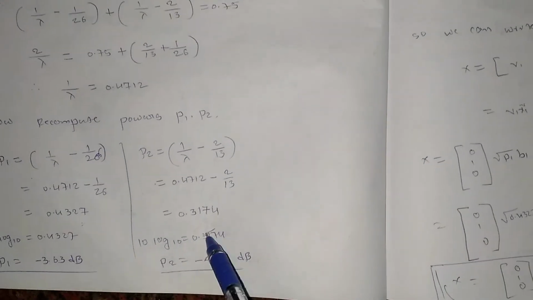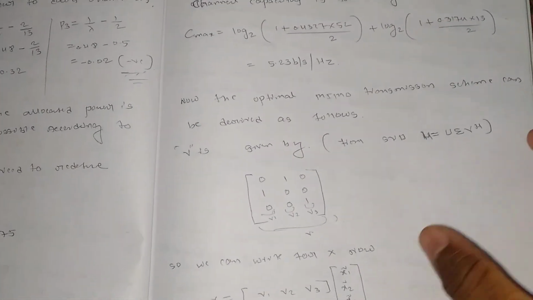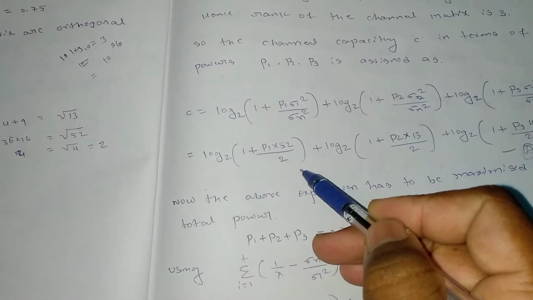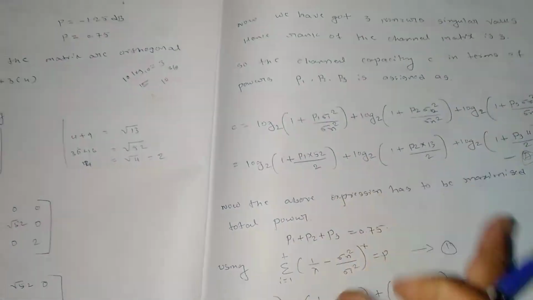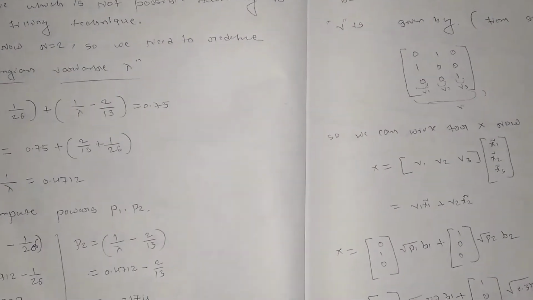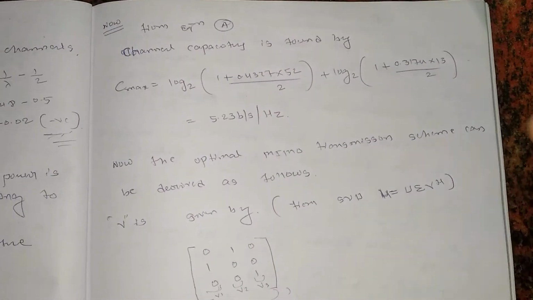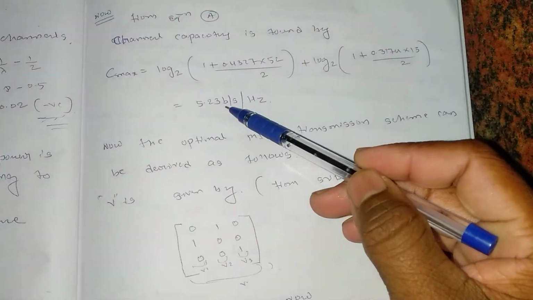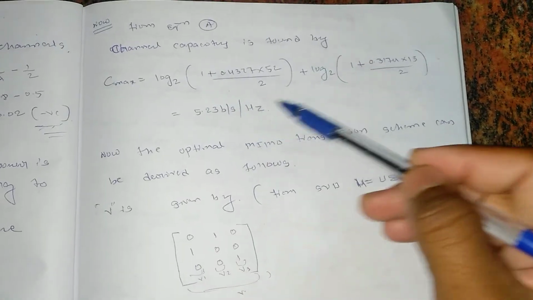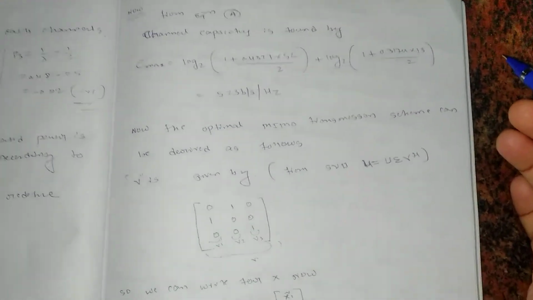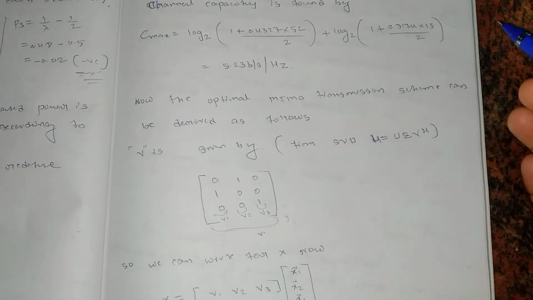Okay, these two I'm using to find out the total from equation A. So P1 value I'm getting here, so I'm substituting that one here, and the P1 value and P2 value. Hope you got that. Okay, so after this I will be getting 5.23 bits per second per hertz. So this is the optimal power allocation for these two channels here.